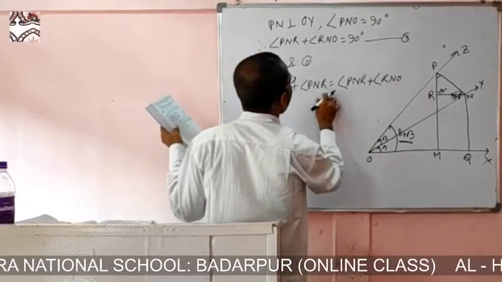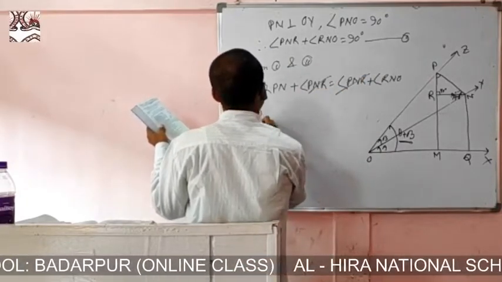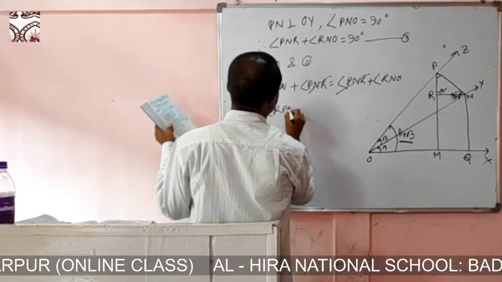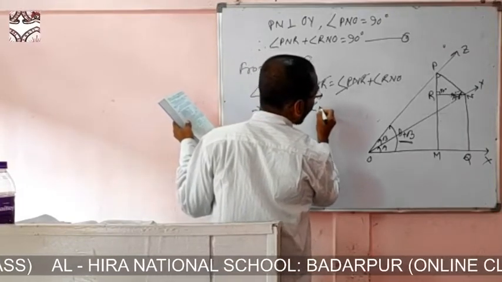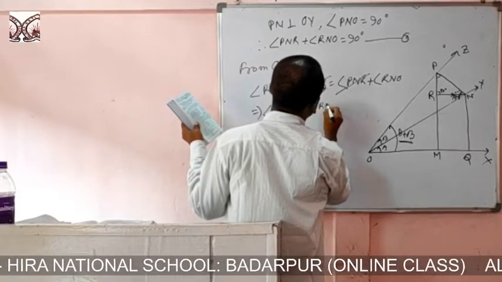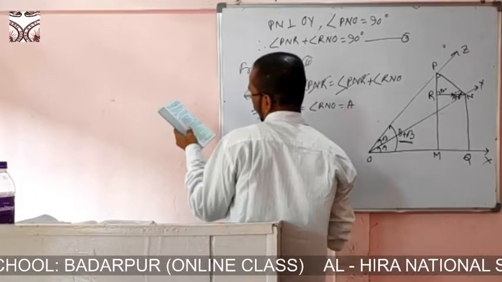Then PNR cancels. Then we can say angle RPN is equal to angle RNO, which is equal to angle A.